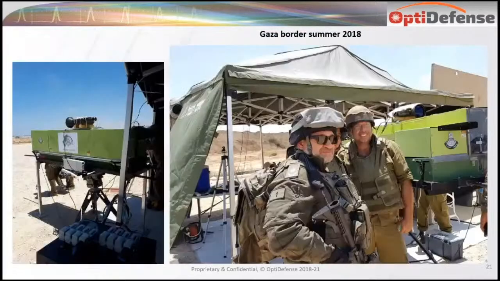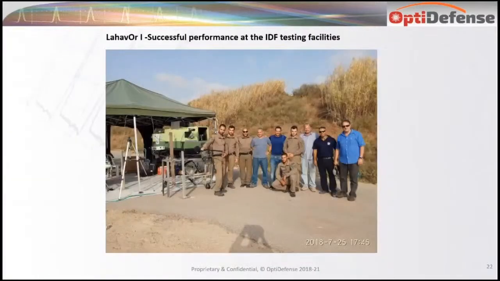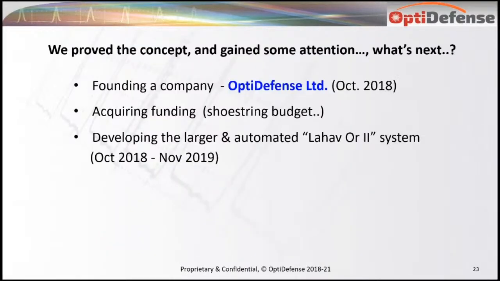So it's me and my student, but then the IMOD said, well, you first have to pass some tests in the IDF facility. So we did some testing and we were successful. They said it's a very good lab prototype, so it cannot be tested in the field, but it did the job. So we proved the concept and gained some attention.